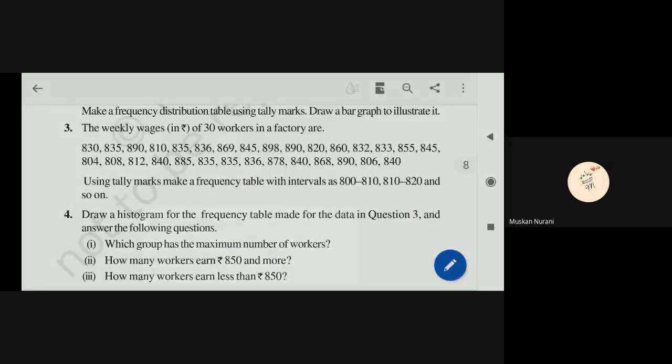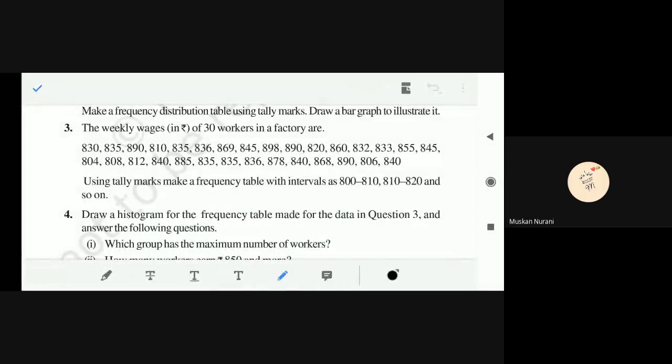Please see here: 800, 808, 804, 806, 800, 806, 810. Okay, there are 4 workers. Yes or no?